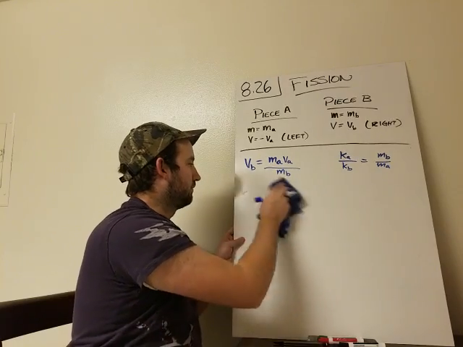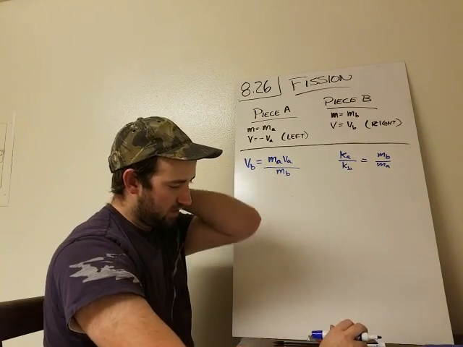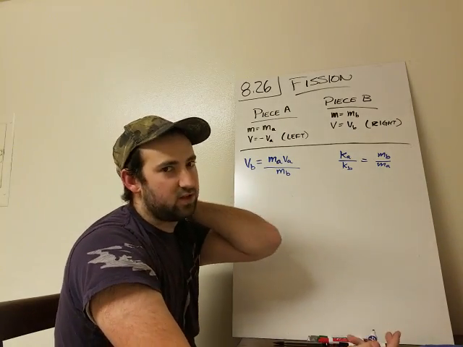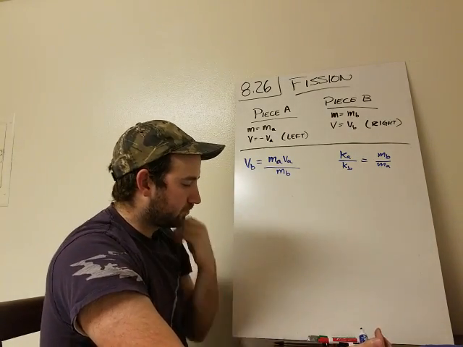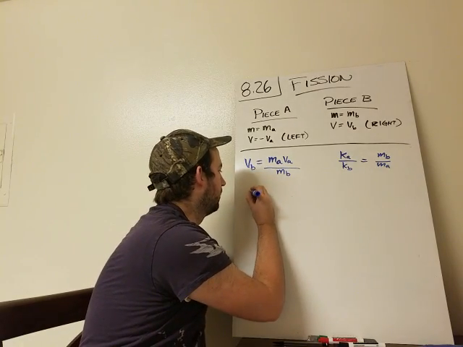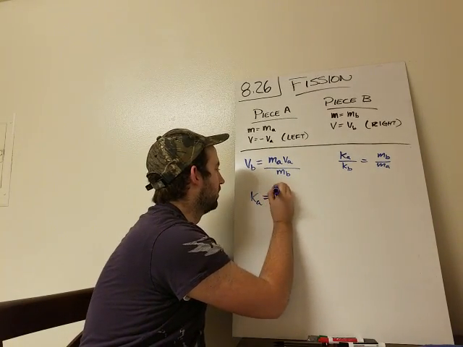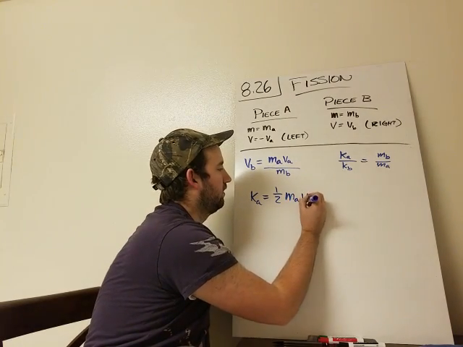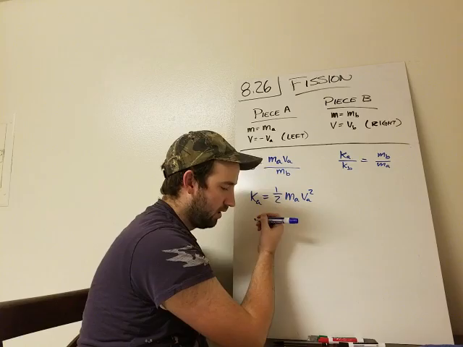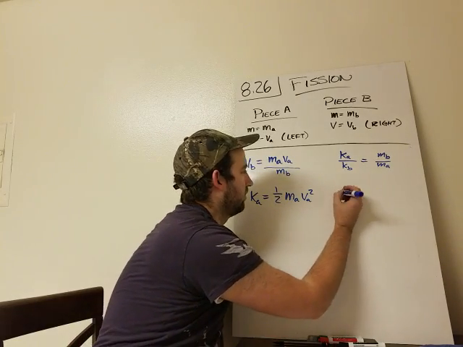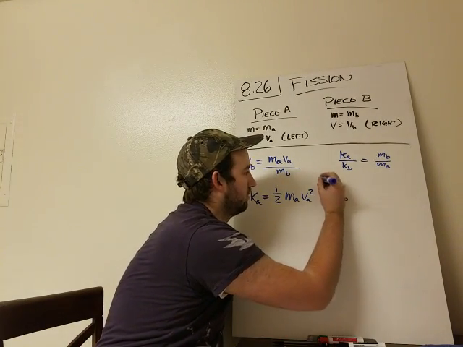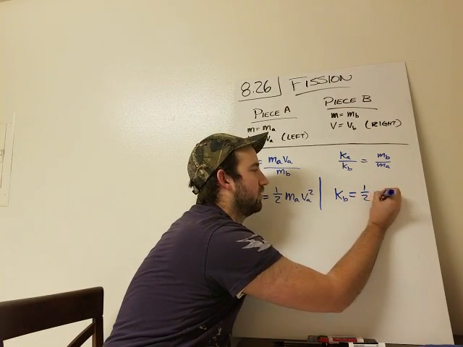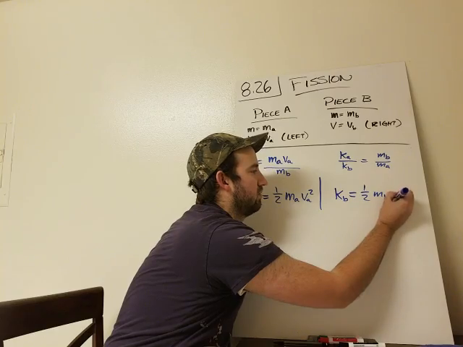All right. So the way we're going to do this one is we know that kinetic energy is 1/2 mv squared. And so K sub A is just going to equal 1/2 m sub A v sub A squared. And similarly, we know that K sub B is equal to 1/2 m sub B v sub B squared.